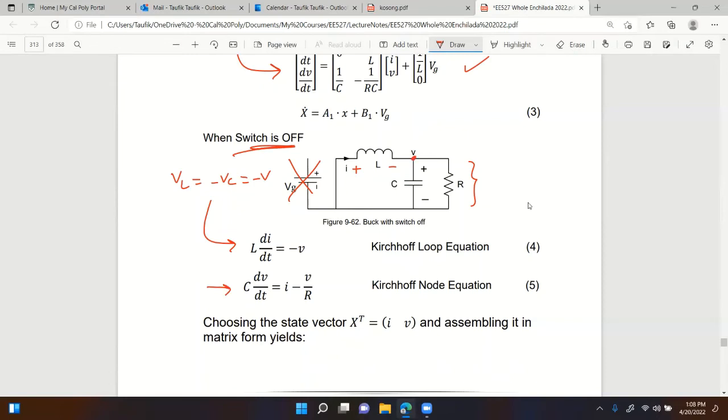By KCL, just like before, IL, which is what I call I, is equal to IC plus IR, right?